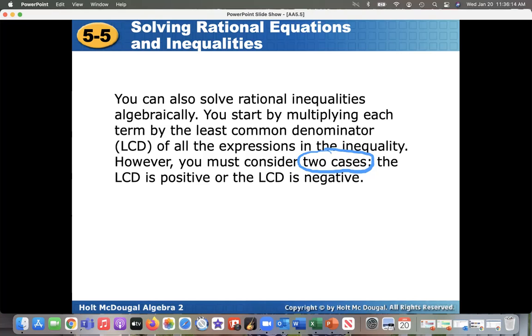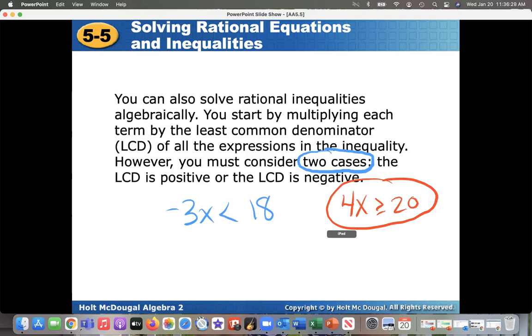If I had an inequality like this one in red, what would I do to solve it? You're going to do just like you do in algebra. You're going to divide by 4, and x is greater than or equal to 5.